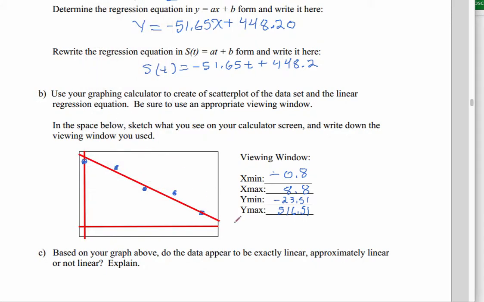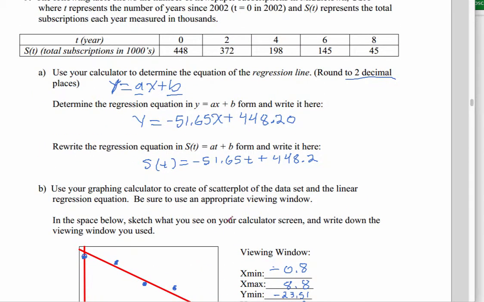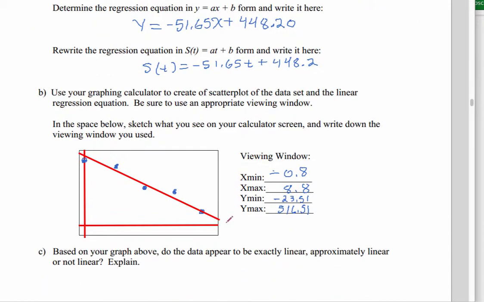We should label our axes so we know what is on what axes. If we scroll back up for a moment, notice that the time was measured in years. So this is the t-axis right here. But really important also is to put years. Is it in minutes, days, years, decades, centuries? What is the measurement of time, right?